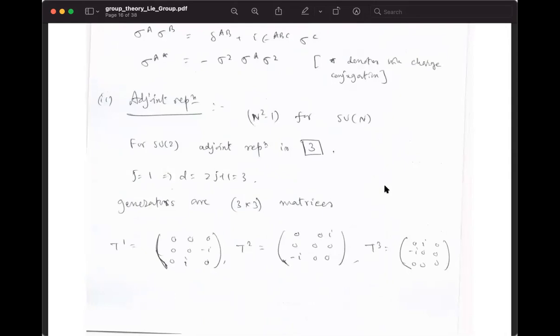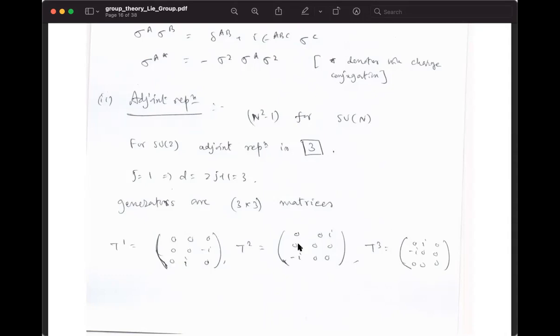For example, think of the photon or the gauge boson that we have learned about in particle physics. It is a spin 1 object, which is why under SU2 it transforms as the adjoint. These generators are also 3 by 3 matrices, and you can write them as T1, T2, T3, but this is not a unique way of writing them. So the generator representation and the notion of basis are connected. Like in quantum mechanics, the choice of basis is not unique.